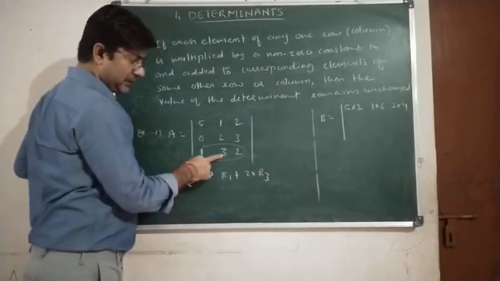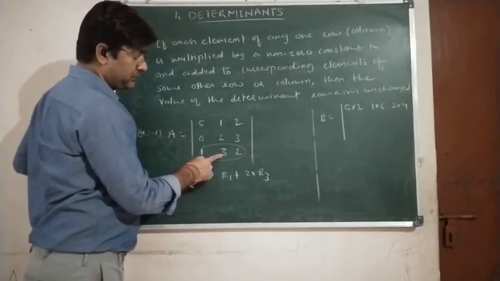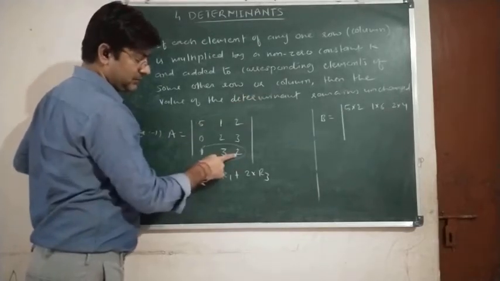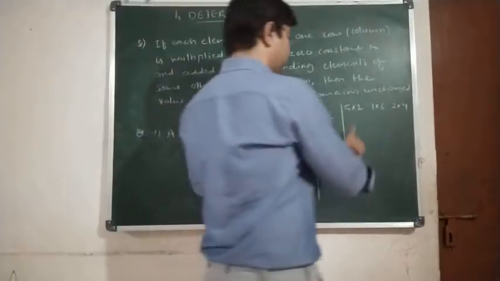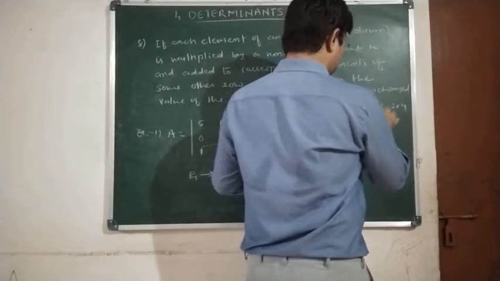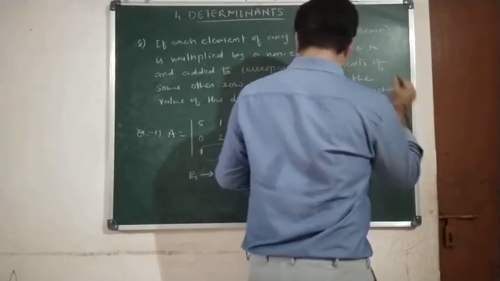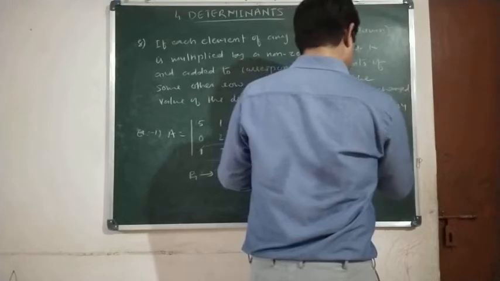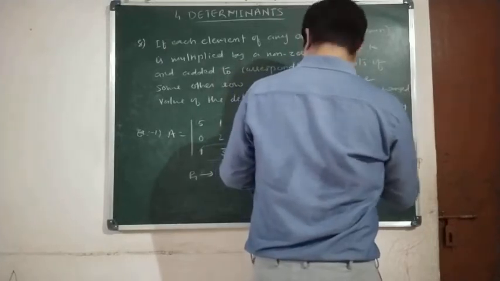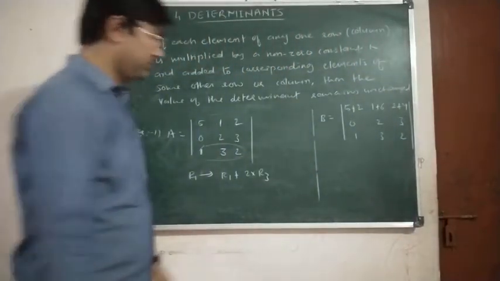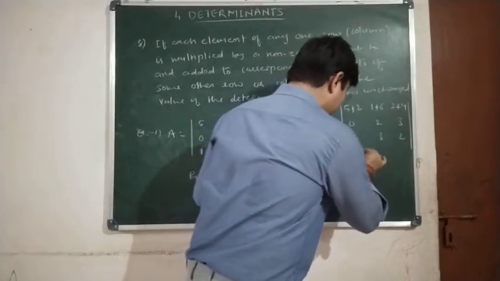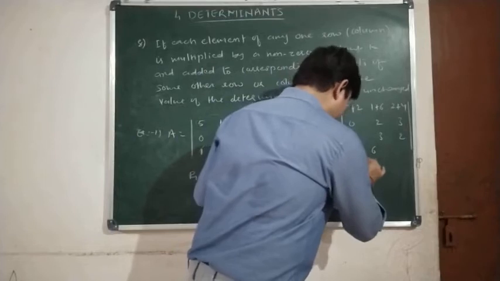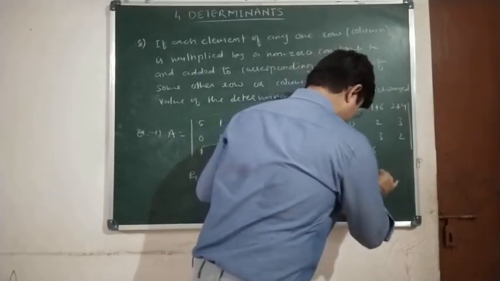Then multiply 3 by 2, so 3 twos are 6, so 1 plus 6. Then the third element 2 by 2, so 2 twos are 4, so here 2 plus 4. It is plus, not multiplication. We have multiplied and added, and the second and the third rows will be as they are. Clear? So B will be like this: 7 7 6, 0 2 3, 1 2 3.